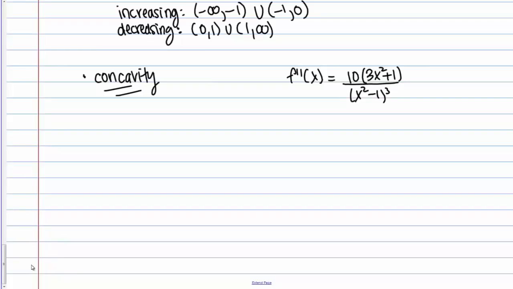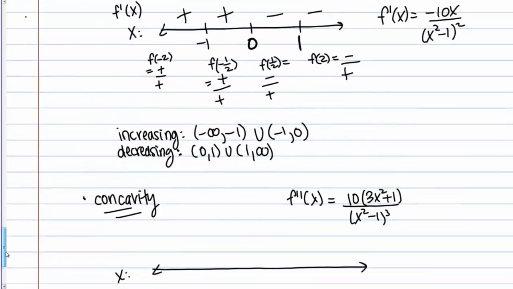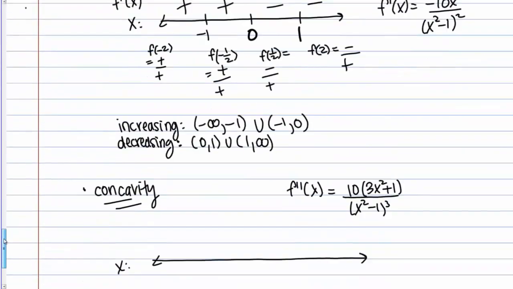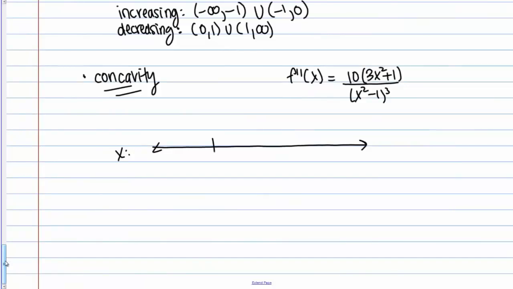Okay, so I'm going to set up a number line again in the same way, but I need to remember to use the points that were important from the second derivative. If I scroll back up here, we found that -1 and 1 were the important points there. So I just have -1 and 1 on my line, and I'm looking at the sign of the second derivative. Okay, so let's do some test points. I'll pick -2.